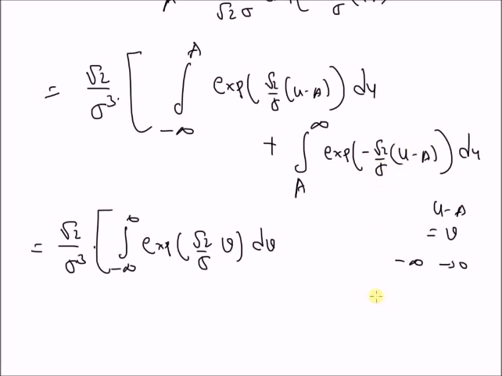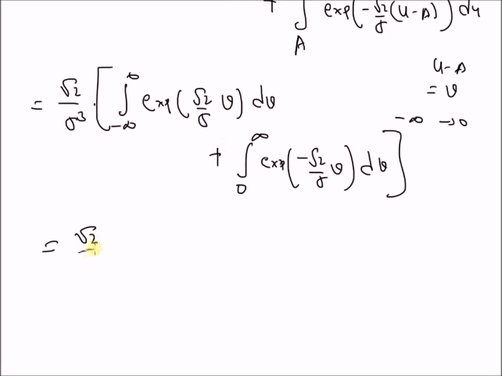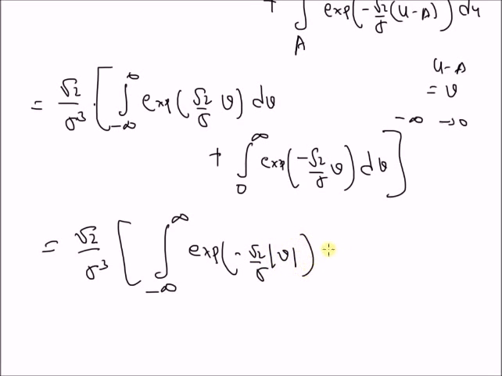Now similarly the second term also becomes the integral from 0 to infinity of exponential of minus square root of 2 by sigma into v, dv. So square root of 2 divided by sigma cube multiplied by the integral from minus infinity to plus infinity of exponential of minus square root of 2 by sigma into modulus of v, dv.